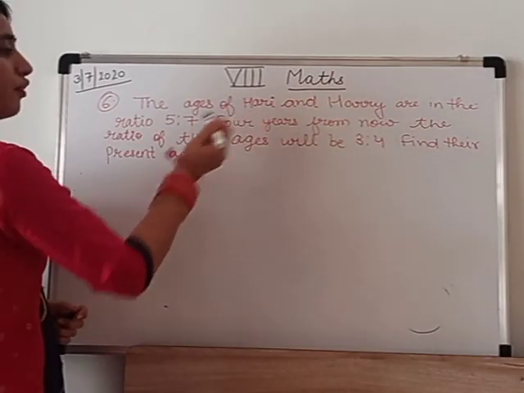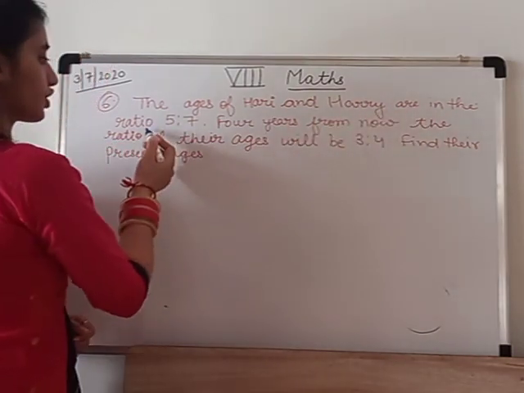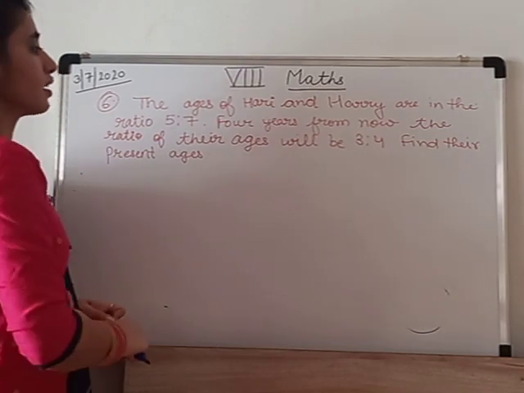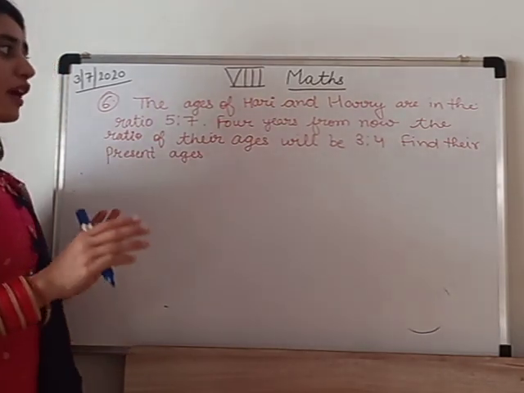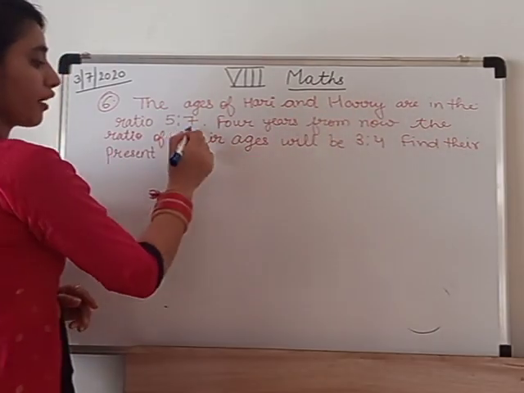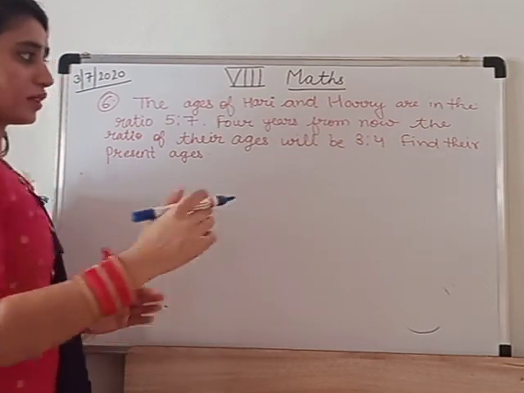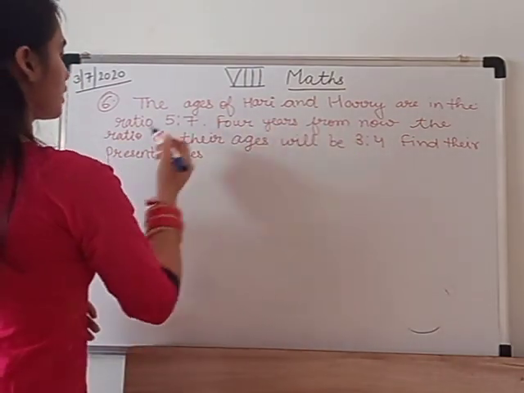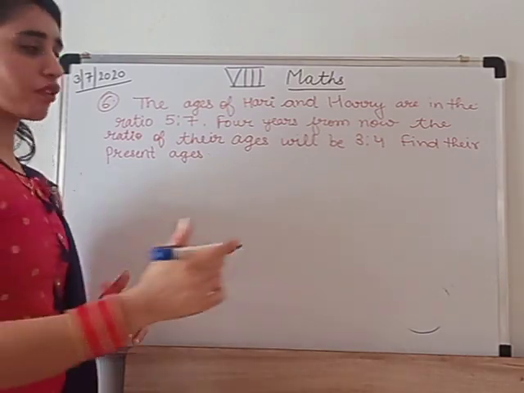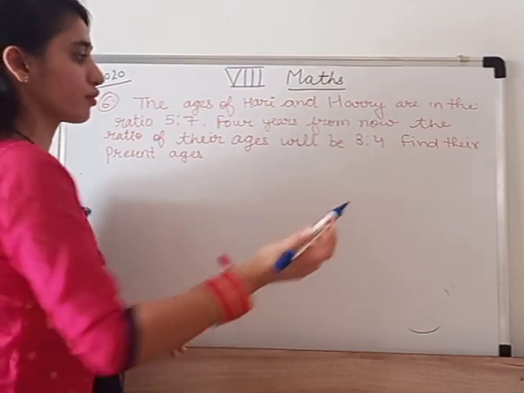The ages of Hari and Harry are in ratio 5:7. Means the ages of Hari and Harry are in ratio 5:7. 4 years from now, means after 4 years, the ratio of their ages will be 3:4, or you can say 3/4 also.